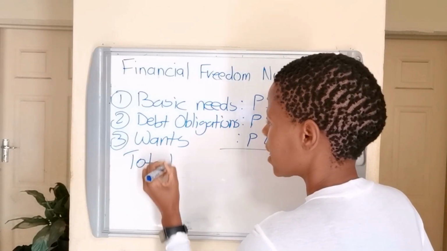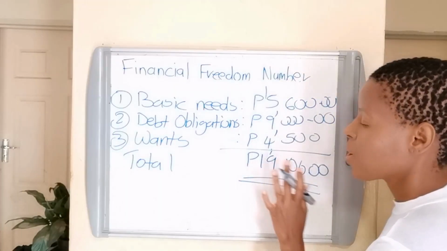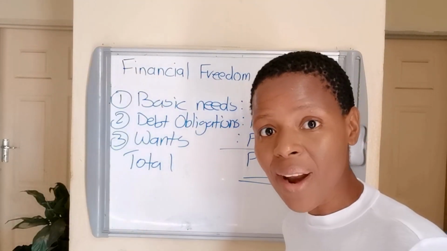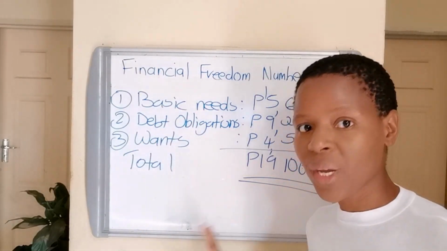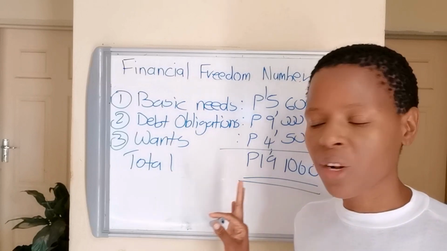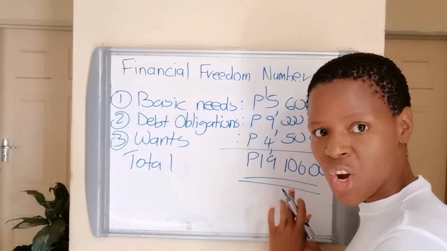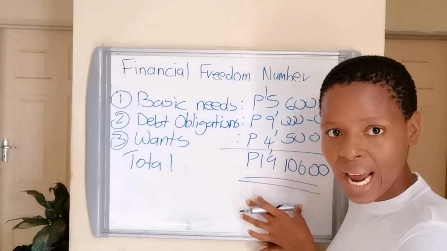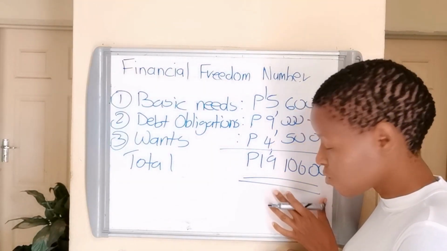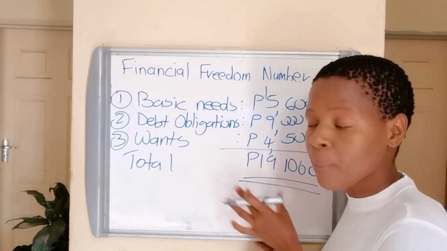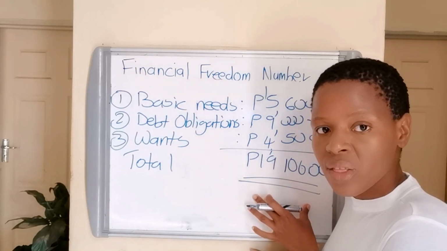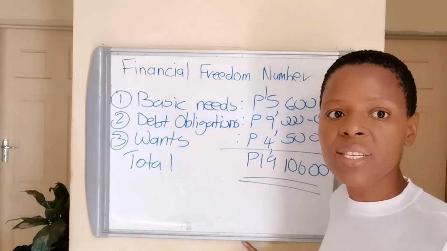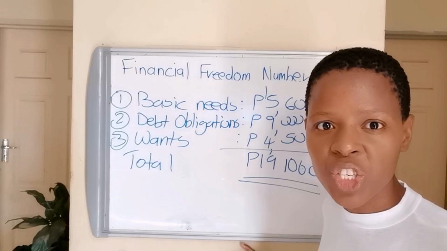Our total is 19,100, and in our example here, that is our financial freedom number. Once you know this number, you are going to focus on creating an asset that can give you this level of income. Once you reach this level of income, we say you are financially free.